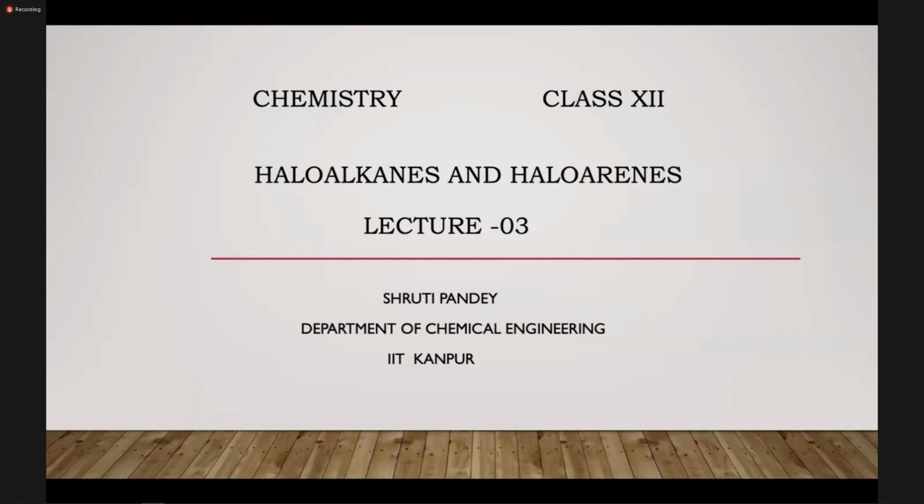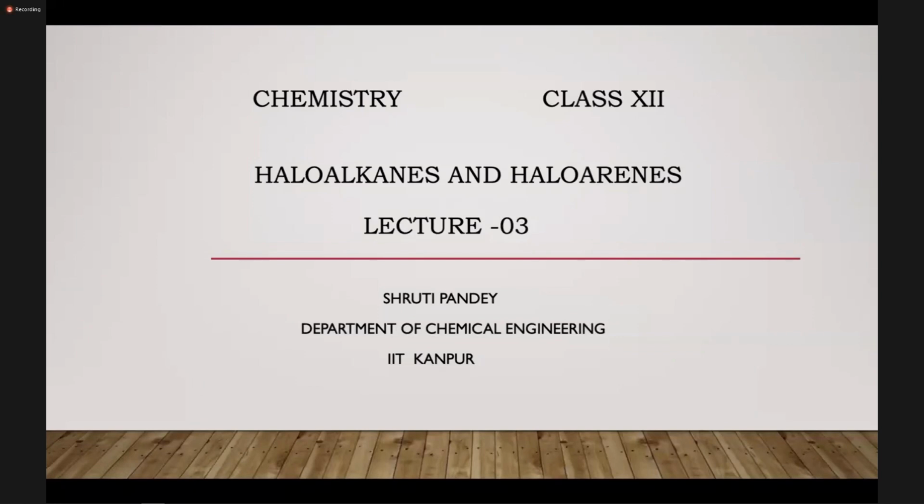In the previous lecture, we discussed the nature of the carbon-halogen bond, related to the electronegativity property, that the carbon-halogen bond is always polarized because of the separation of charges. We also discussed the bond length of the carbon-halogen bond depending upon the type of halogen.